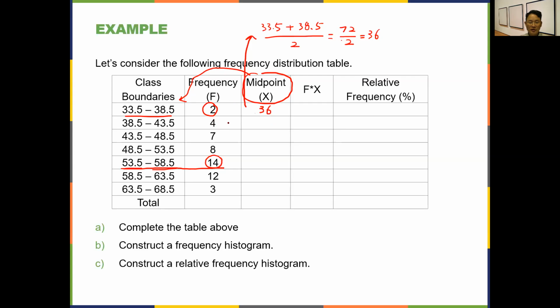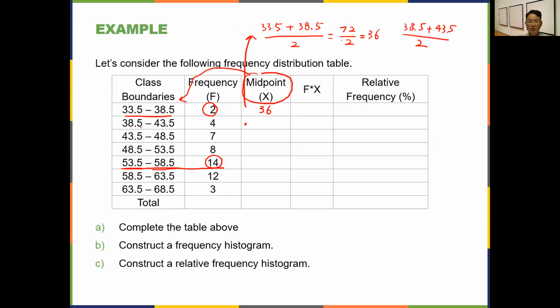Okay, let's just do one more. Let's say this next one right here. What do you do? You add 38.5 plus 43.5. You can see where we get these two numbers: we get them from this and this, and divide that by 2, right?